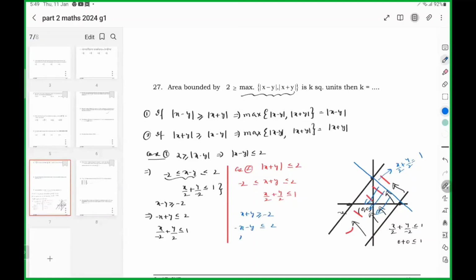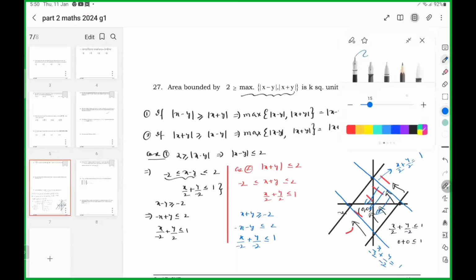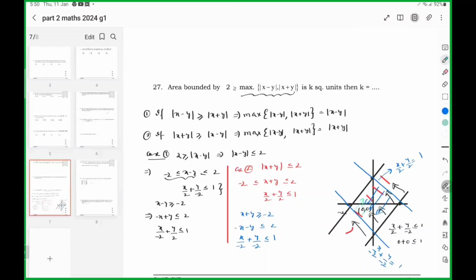Another case, minus x minus y plus y by minus 2 is less than... And this is x by minus 2 plus y by minus 2 is equal to 1. 0, 0 if you take here satisfies this region.